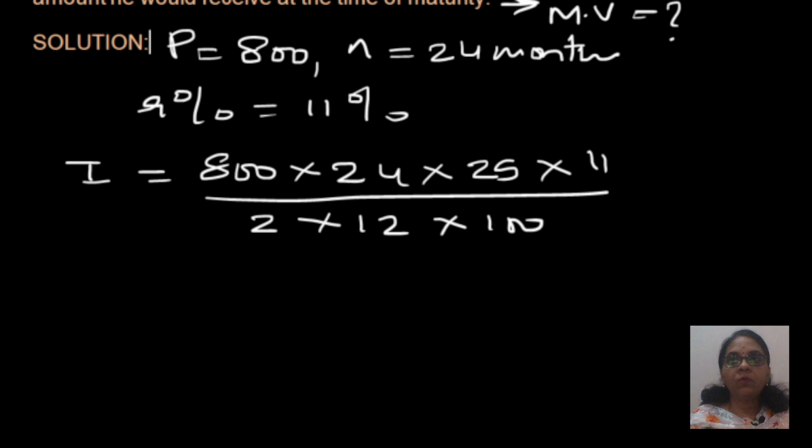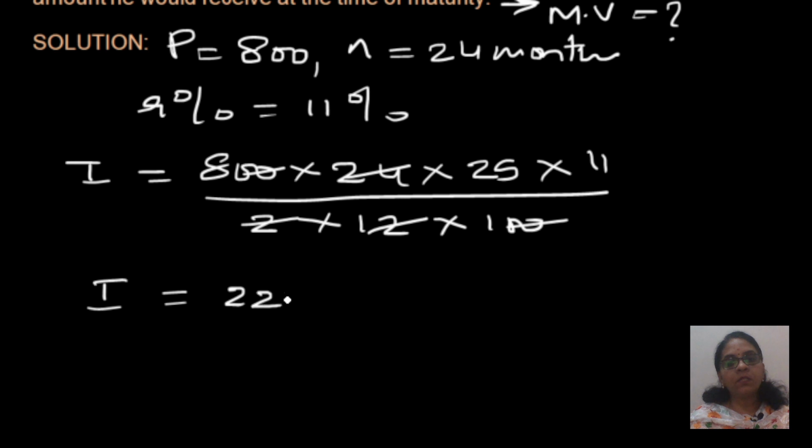We are left with I is equal to 25 into 8. 25 into 8 is 200 and 200 into 11 is 2200. Okay. So now what is the maturity value?